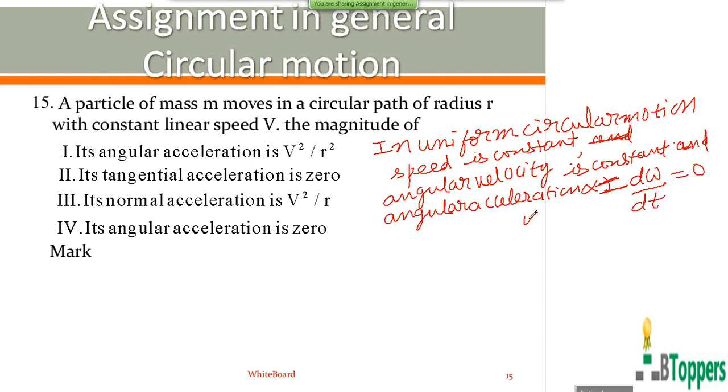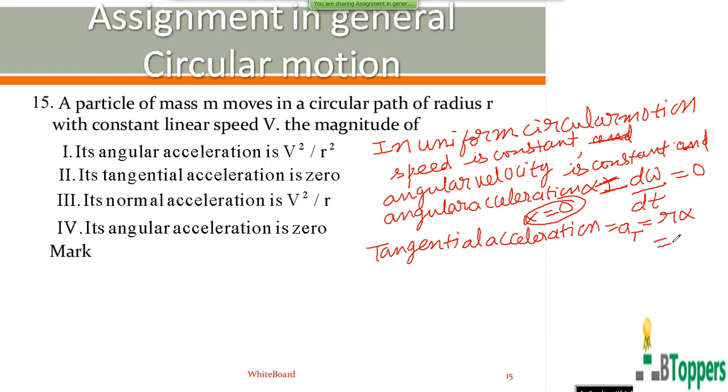In uniform circular motion, angular acceleration alpha will be 0 because there is no change in angular velocity. The magnitude of the tangential acceleration of a particle in circular motion can be written as the radius of the circular path times the angular acceleration. If angular acceleration is 0, the magnitude of the tangential acceleration is also 0.